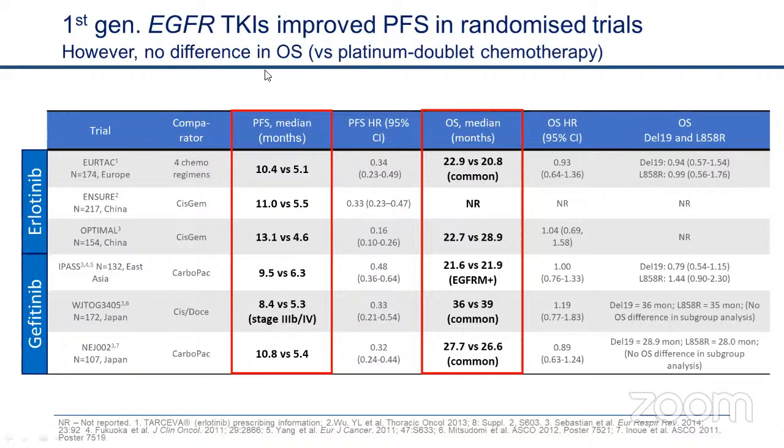There was definitely an improvement in progression-free survival with hazard ratios of 0.34 and 0.16, but no benefit in overall survival. And as we know, Del19 as compared to L858R represents a better molecular group with better progression-free survival.